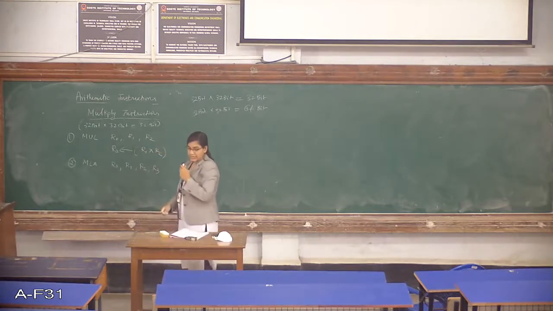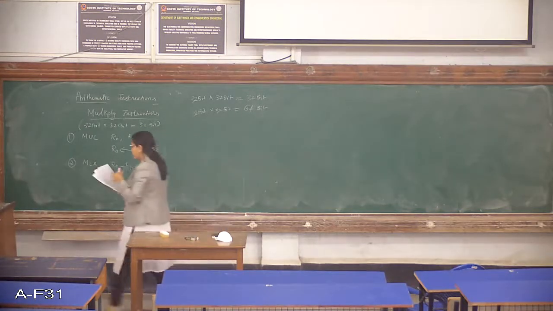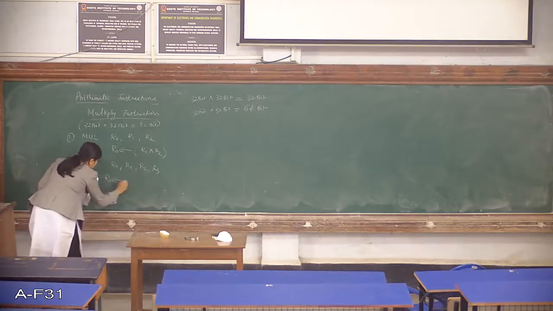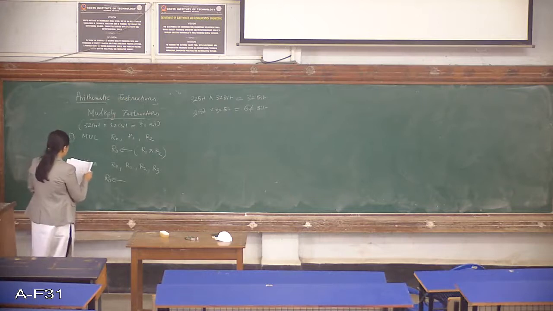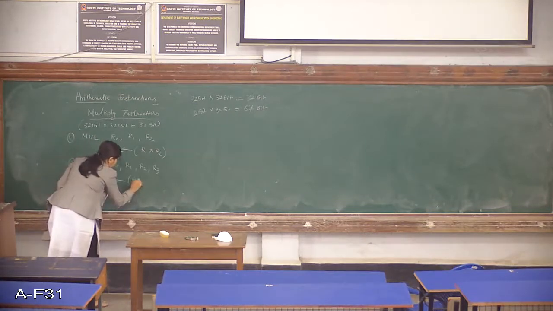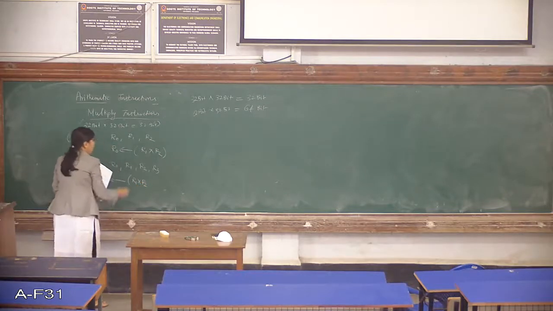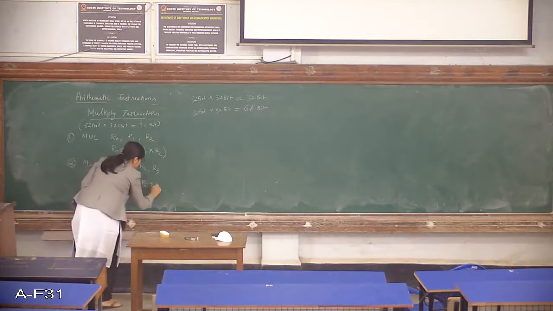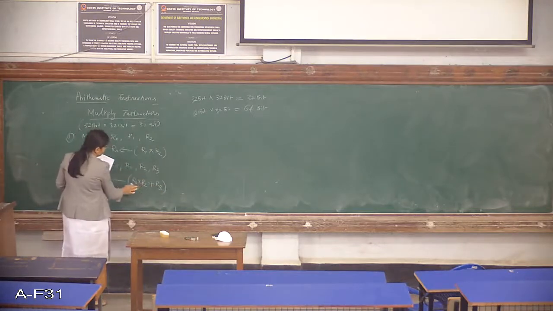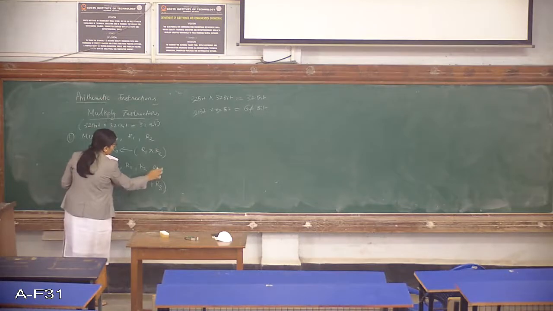How exactly does this multiply and accumulate instruction work? Since R0 is the destination, the result is stored in R0. It multiplies R1 with R2 and it accumulates the value of R3. So multiply R1, R2 and add the value of R3.